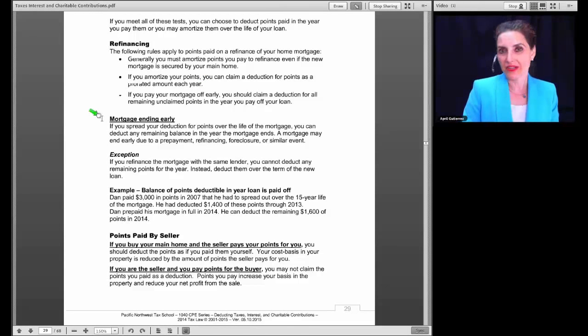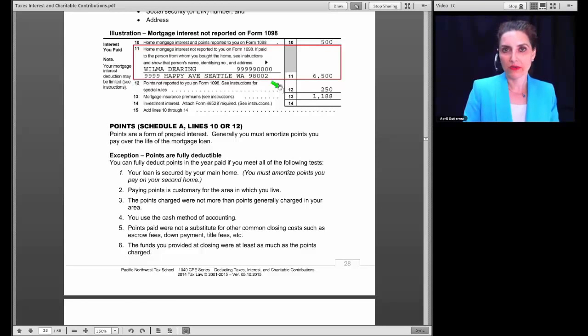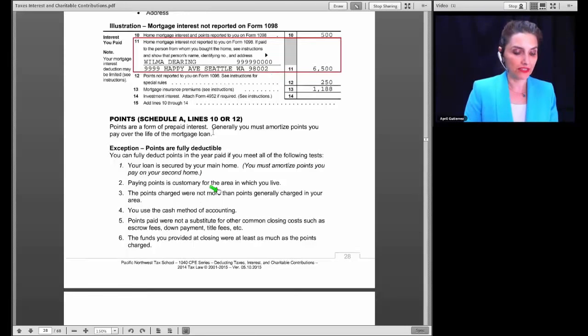So if I double-click, for example, on the Drake software that I use for points not in a 1098, I'll go into the field that I open and I'll say the year that the loan came out. I'll do the amortized amount, the amount that's a deductible amount each year, and the year that I started doing that. And then I'll figure out what the yearly annual deduction is, and each year when I go to that screen, I'll see what the amount is that I'm allowed to deduct. And then in the year my client pays that loan off, I do the math, figure out what the allowable deduction is, and claim the difference.